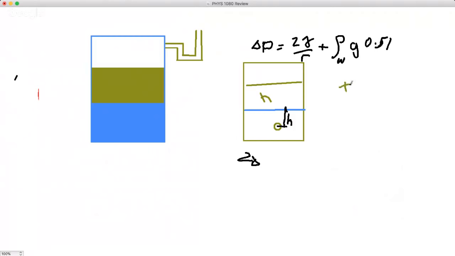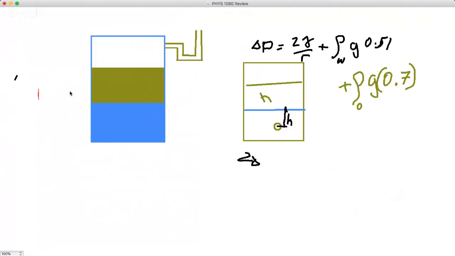The added pressure is literally the weight of that level, so it's the density of the oil times g times 0.7 meters. And that is also a gauge pressure. So we've just been isolating all the different reasons for an increase in pressure in the bubble compared to the air above the fluid.